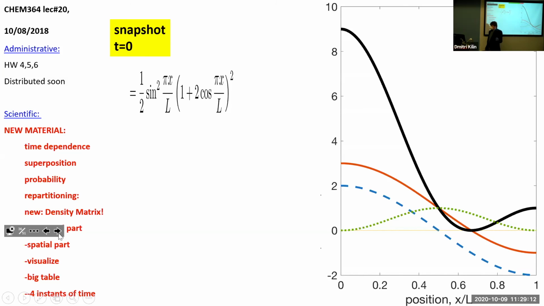So in the places where this function has zeros, to the right from the middle, at the beginning of the box and at the end of the box, right? What will be the sign in the range from the first 0 to the second 0?